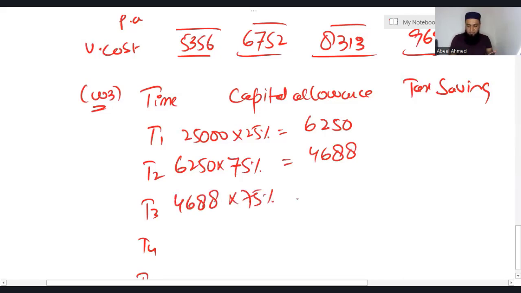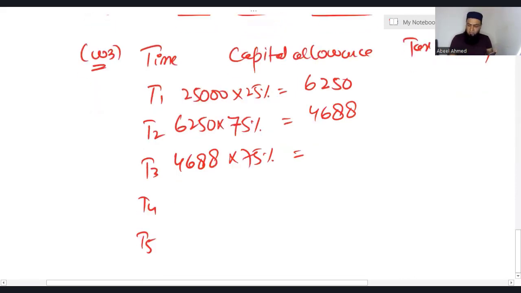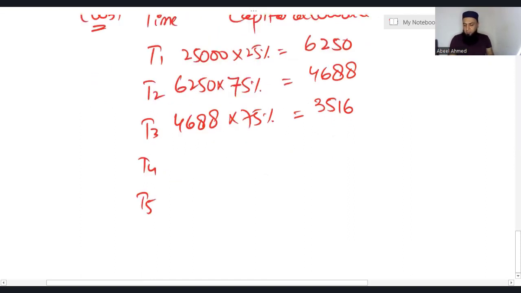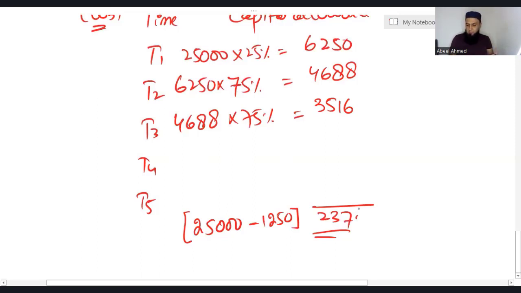Then 75% of this, I'm getting 3,516, again with a little bit of rounding off. T4 is the last year, so you have to take the balancing figure. Cost is 25,000 minus the residual value, which we have computed as 1,250. So 25,000 minus 1,250 gives me 23,750.